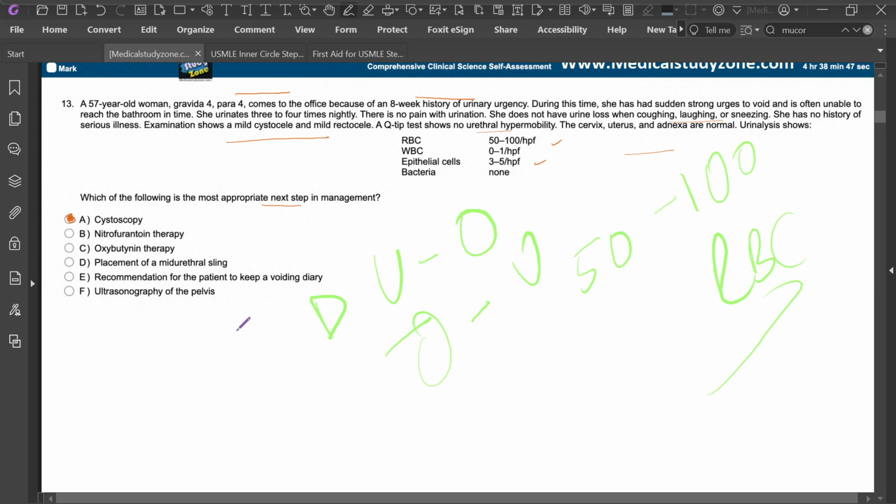The most appropriate test for investigation of bladder malignancy is direct visualization and biopsy with cystoscopy. Okay, bladder cancer: direct visualization and biopsy with cystoscopy.